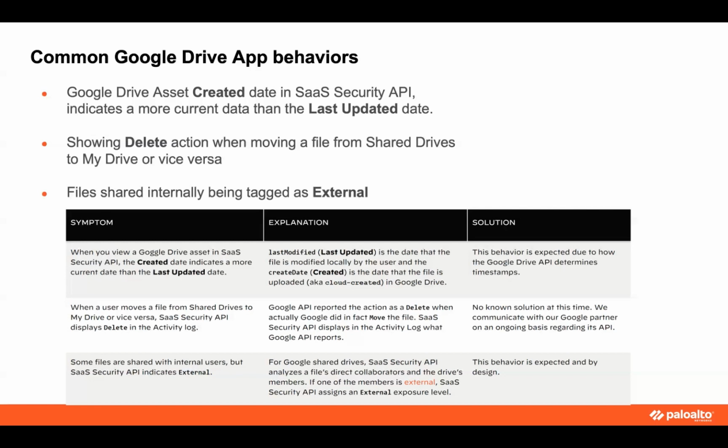If one of the members is external, SaaS Security API assigns the exposure level external, although it has not been shared by external users, because the external users are members of the drive, so the file is exposed. So this behavior too is as designed and expected.